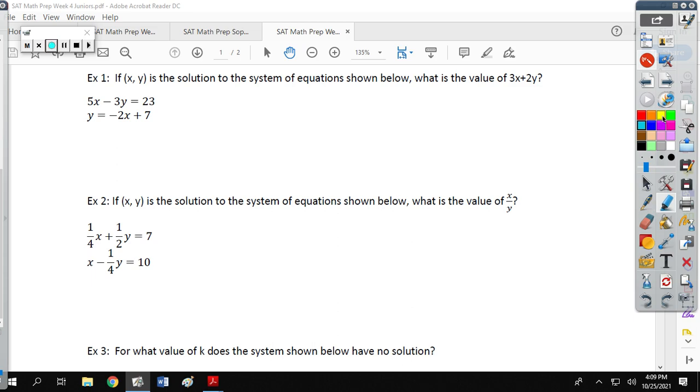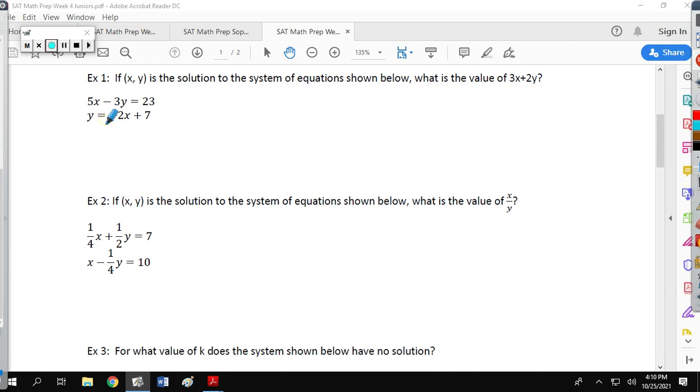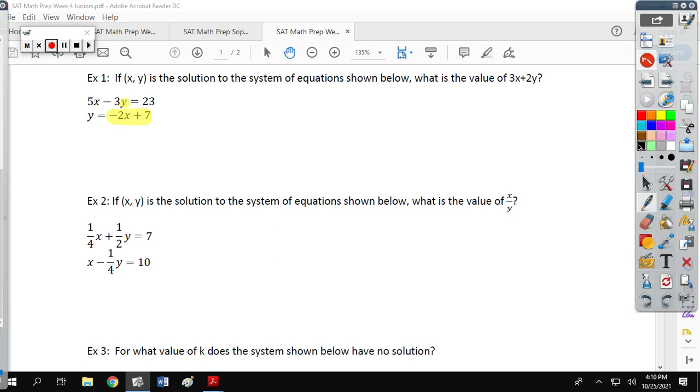So hopefully everyone in here is well versed in telling that this problem is set up for substitution. We have y equals an expression in terms of x. So every single one of us should want to instinctively take negative 2x plus 7 and replace the y in the first equation with that value.